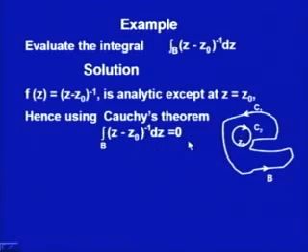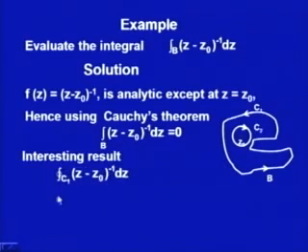So this integral must be 0. Now as I have divided the boundary into two parts, C1 and C2, I will get one interesting result. It simply says that the integral of f(z), that is 1 upon z minus z0, along this boundary C1 is the same as the integral of f(z), that is 1 upon z minus z0, along this circle C2.